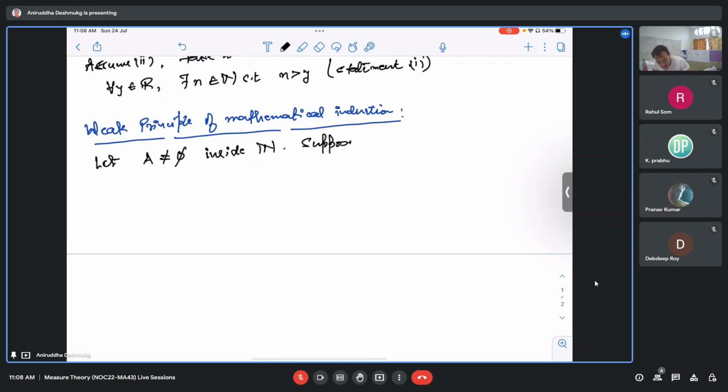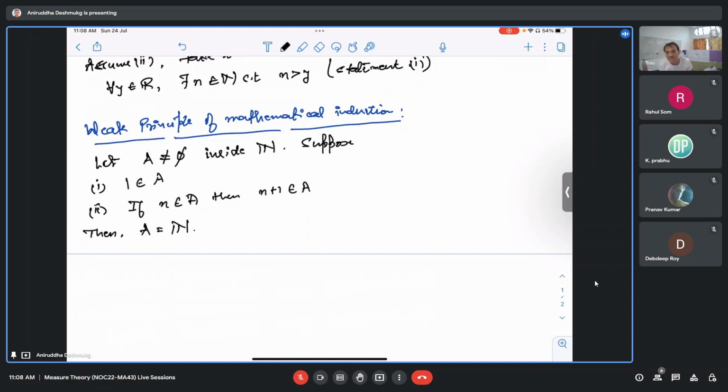Suppose the following two conditions hold. First, 1 belongs to A, and second, if n belongs to A, then n plus 1 also belongs to A. Then the conclusion is that A must be all of N.